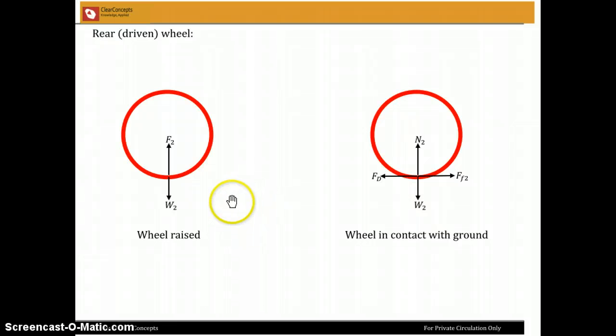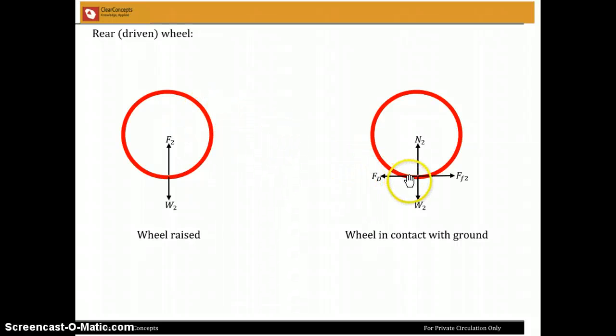Now the rear wheel. A portion W2 of the weight of the bike acts here on the rear wheel. Let's say to raise it, you require a force F2. Now please note, this one is being driven. So there is a torque showing up which will cause this wheel to rotate in the clockwise direction.